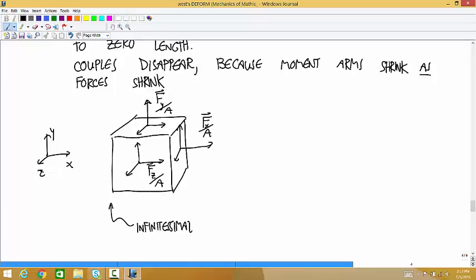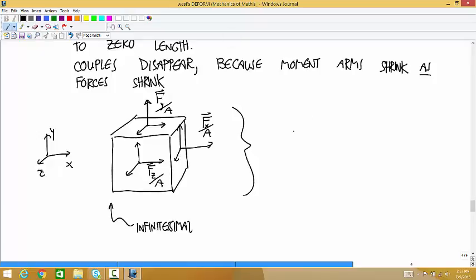Remember, there's three faces that aren't shown, but they're there, and they each have these loads acting too. Well, 6 faces, 3 components each face, so 18 total values.